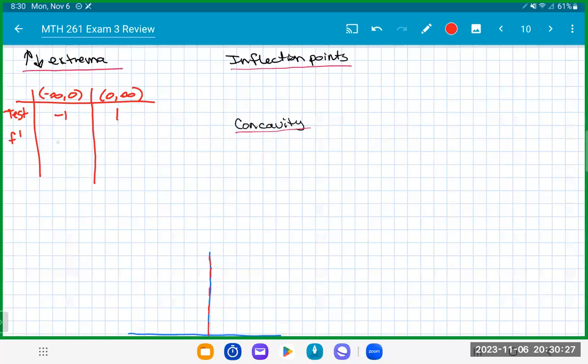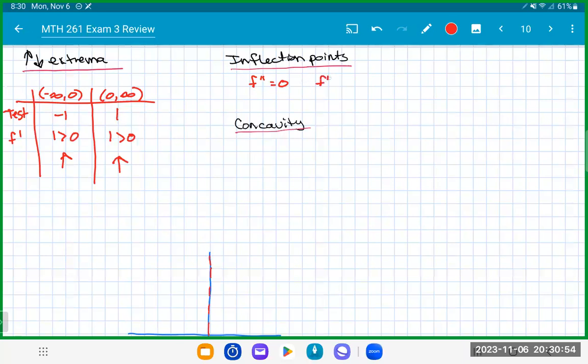Our derivative is going to be 1, so it will be increasing for the first one, and it's a 1 also for the second one, so it's also increasing. We have no critical point, no extrema, so you can see that they're both going in the same direction, and that is increasing.